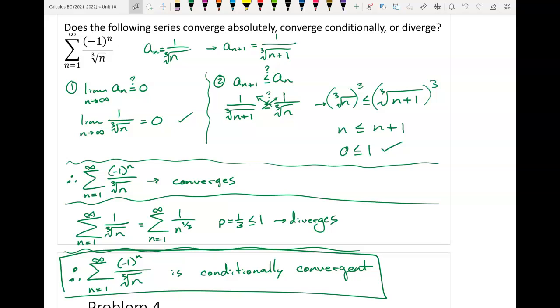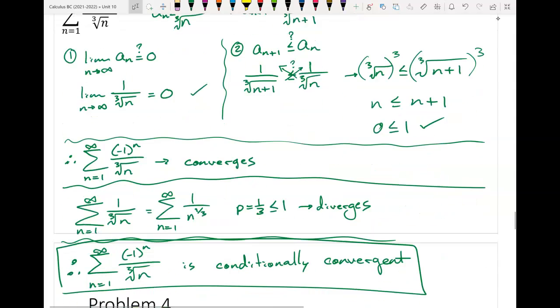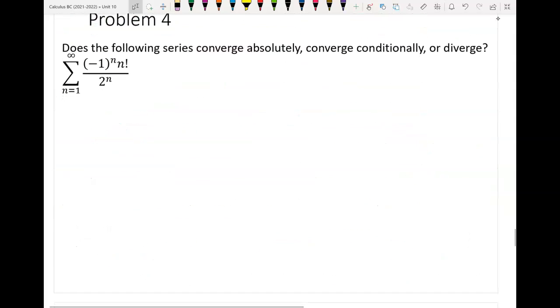So you look at this series without the alternator, determine if that one converges or diverges, and we saw it diverged. Since it diverged, then the original convergence that we had is conditional. All right? Any questions?